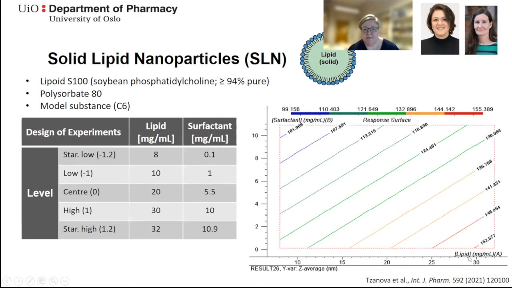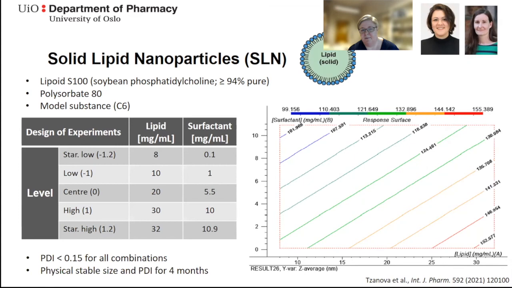Both the lipid and the surfactant had an impact, but the variation between the different formulations was not very large. All polydispersity indices were below 0.15, and we studied the particles over 4 months, and they were stable during that time.